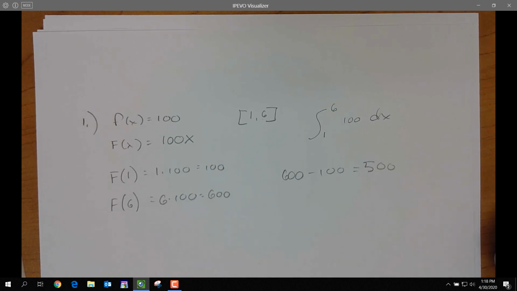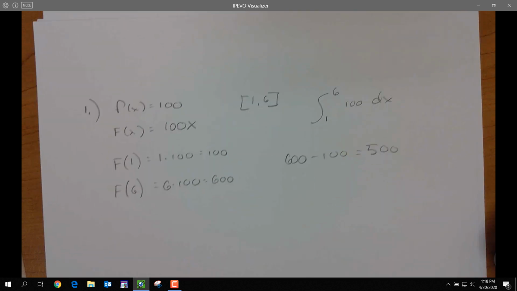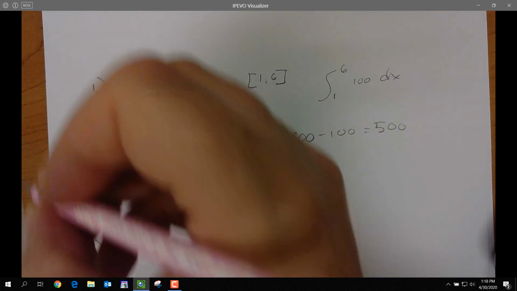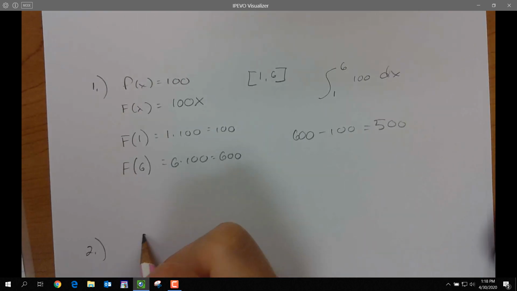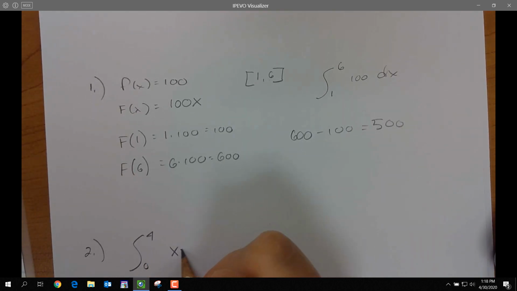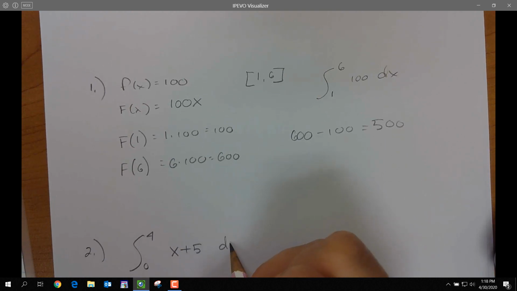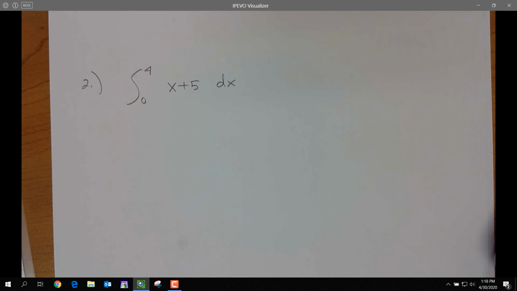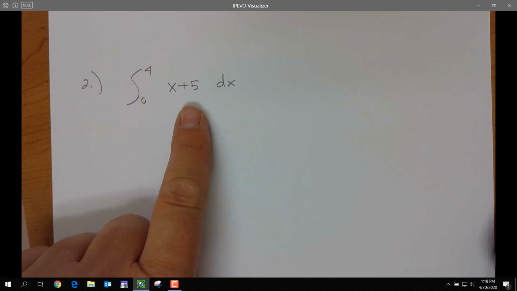Okay? All right, so let's look at some definitely harder ones. So what if, I'm going to write it in this notation this time, our integral notation. I have x plus 5 dx. So I'm going from 0 to 4, and I have x plus 5 dx. Okay, what is the first thing I want to do? Well, I would think of this as being my little f.